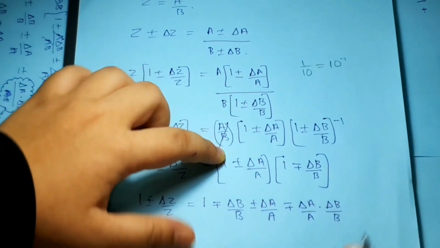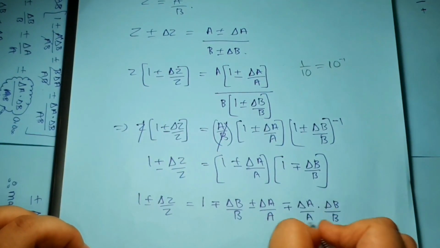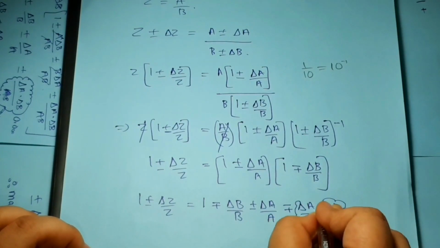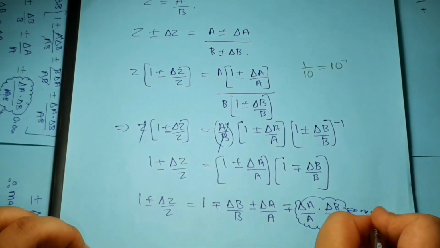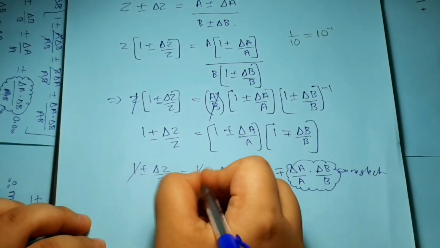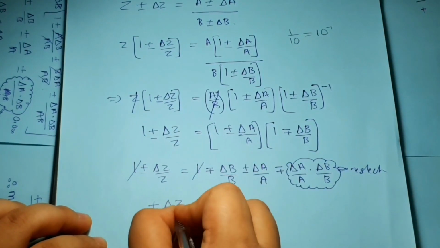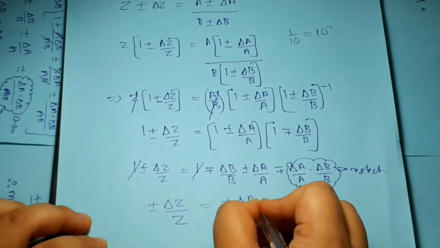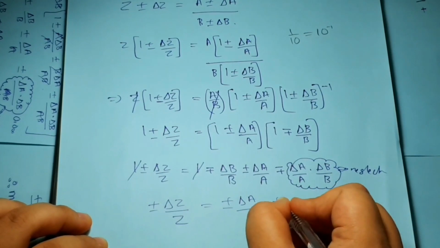Like before, understand the point that this value is going to be very small, so you can just neglect this value. So this is cancelled to give us again the same result like how we had for product, where you had to just find out the maximum error.